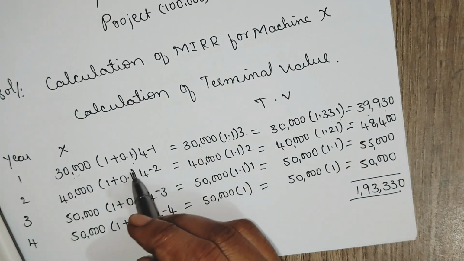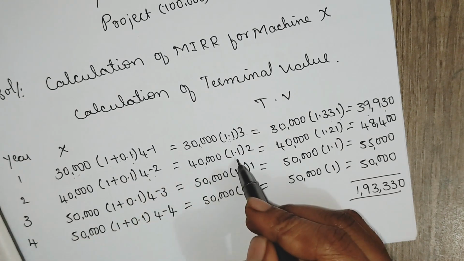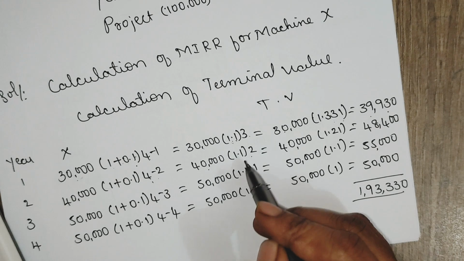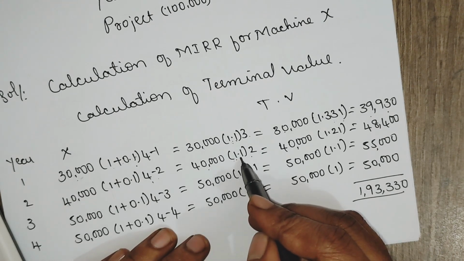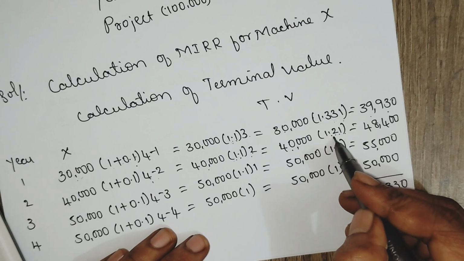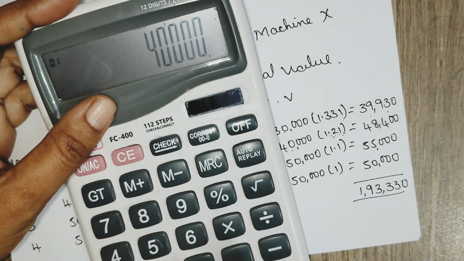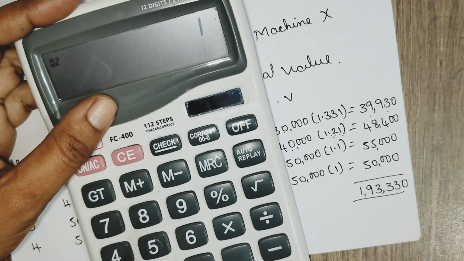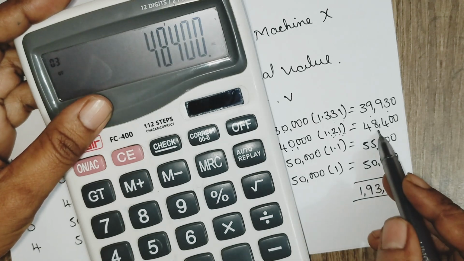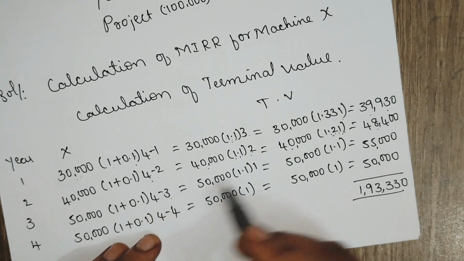Then the second year, the same thing, with the power of N minus 2. 40,000, and 4 minus 2 is 2. Here 1.1 two times gives 1.21. 40,000 into 1.21 is 48,400. Then 4 minus 3 is 1.